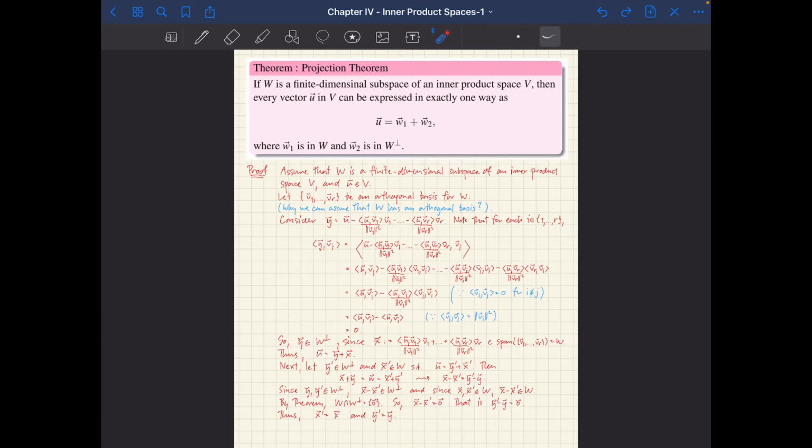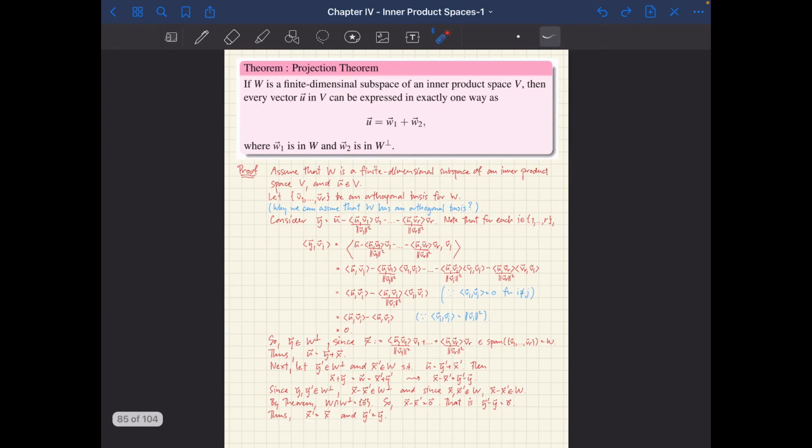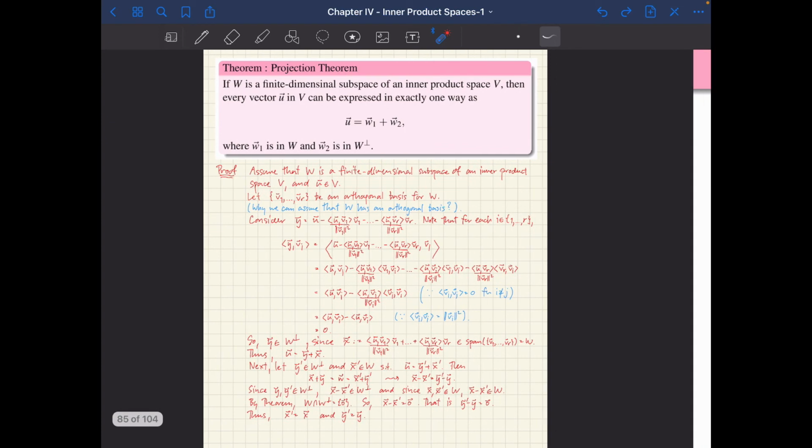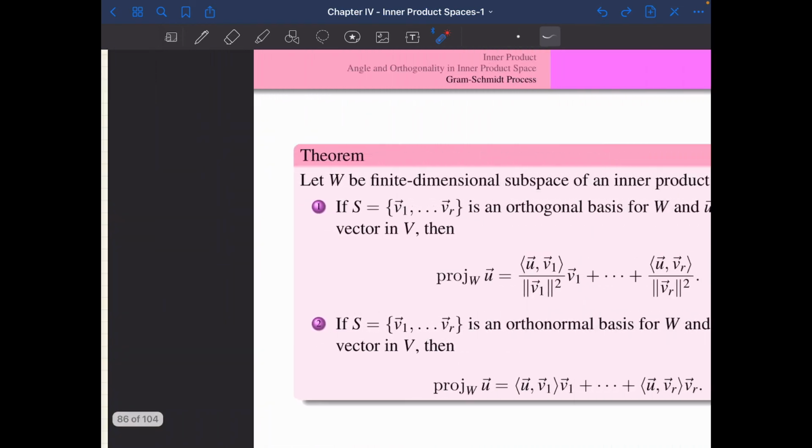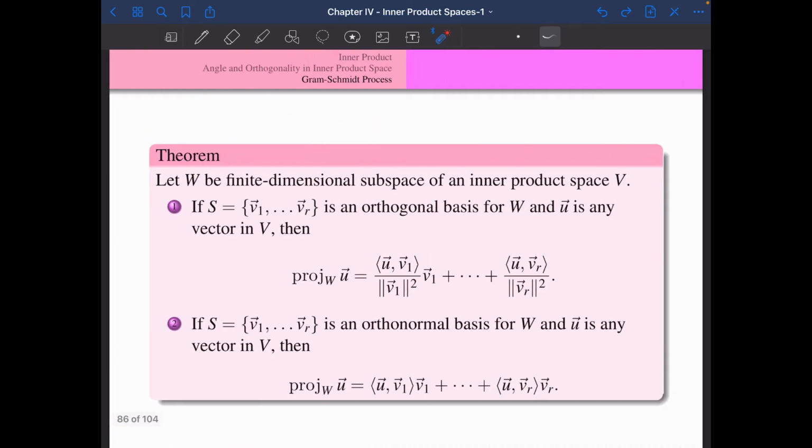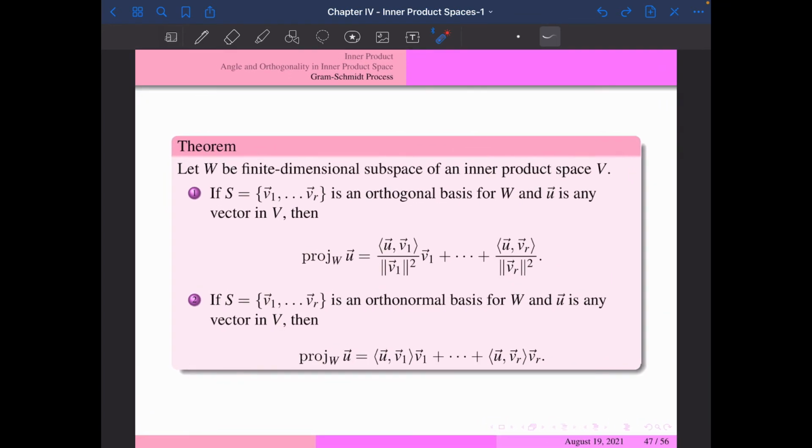Okay, next. From this theorem, we are talking about the projection of the vector u on W. In this theorem, it tells us that we can find the projection of u on W by using this formula.